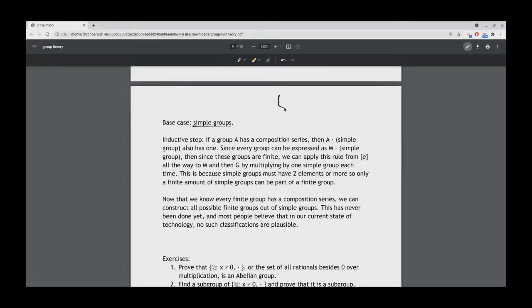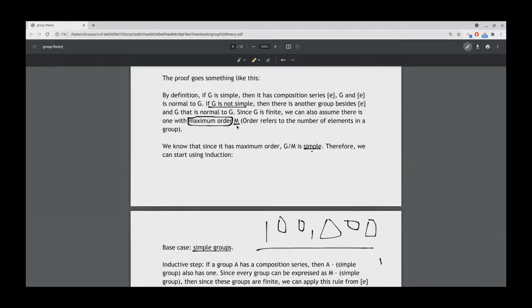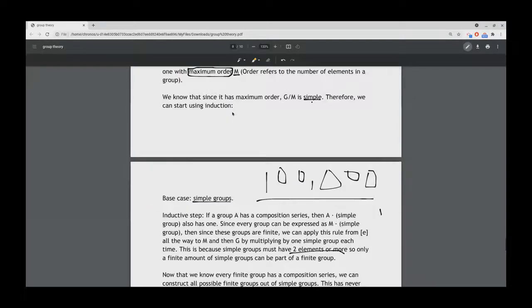So if we have a group with, let's say, 100,000 elements, you can't just keep dividing by 1 to get the same thing and never finish with this composition series per se, because simple groups always have 2 elements or more, unless you have E. But E, again, we ruled out by saying that M does not include E and G.